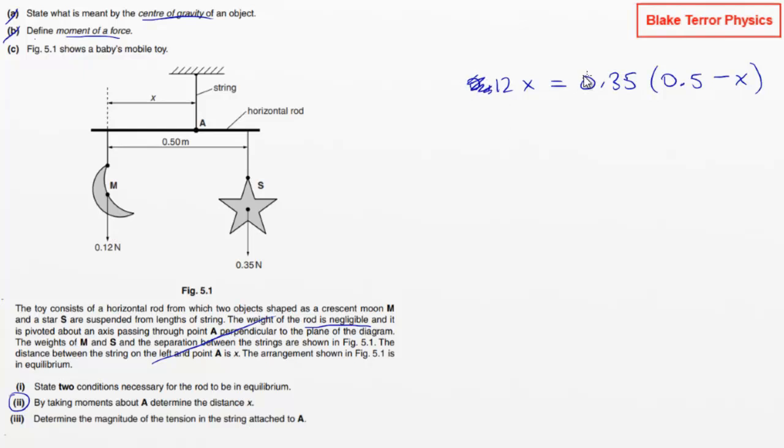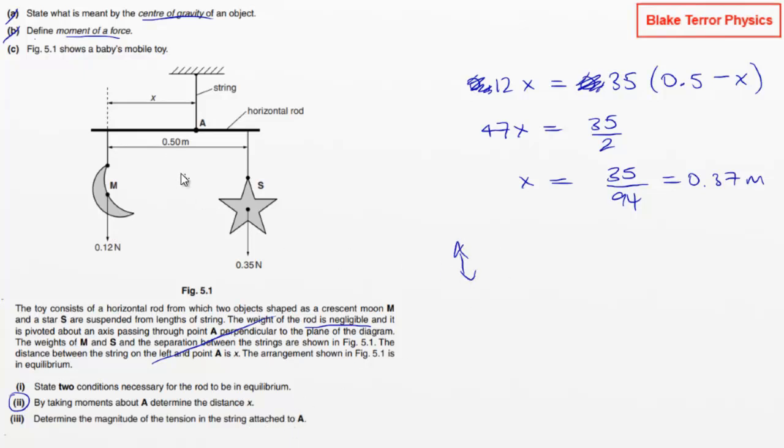Multiply both sides by 100 to get rid of the decimals. So we've got 12x plus 35x, so that's 47x equals 35 over 2, so x is 35 divided by 94, which comes out as 0.37 meters.